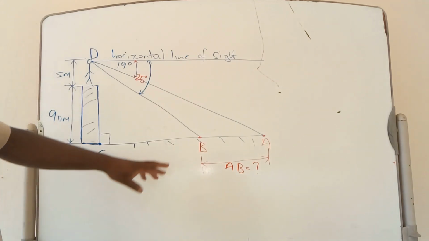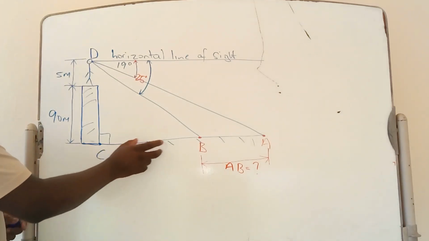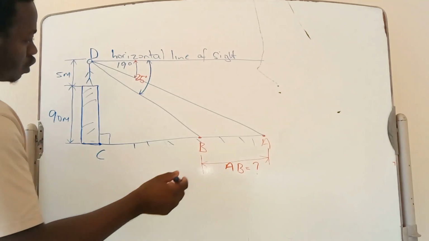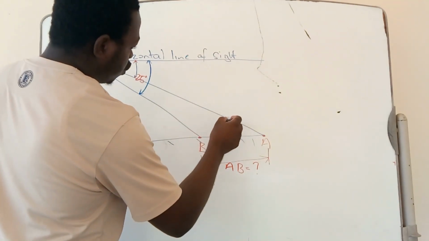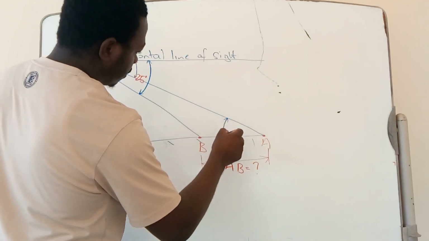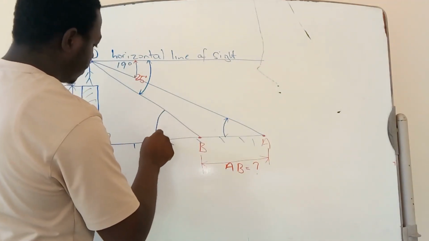Now, if we know this angle or this angle, it means that we could calculate some lengths down here, right? So how would you know which angle to put here, and which angle to put here?